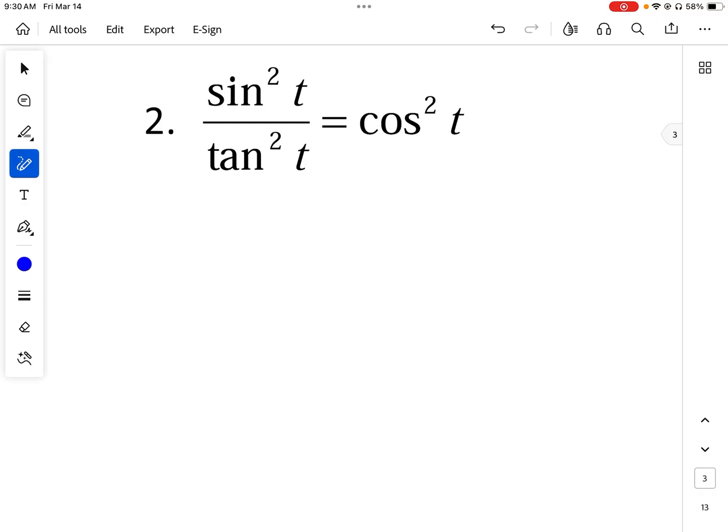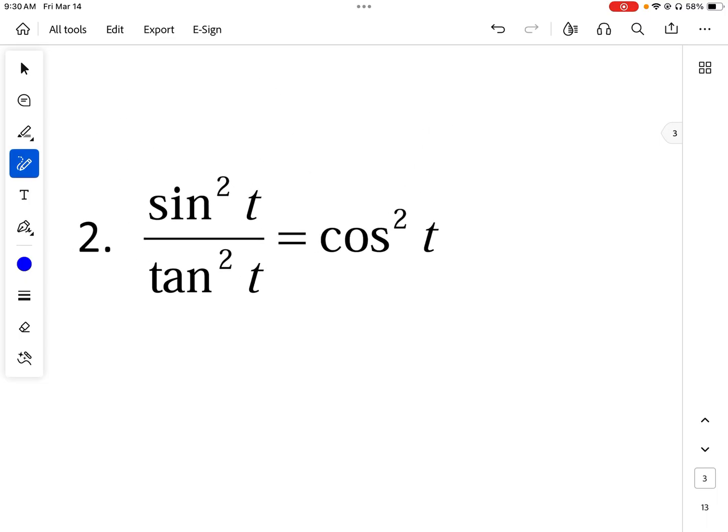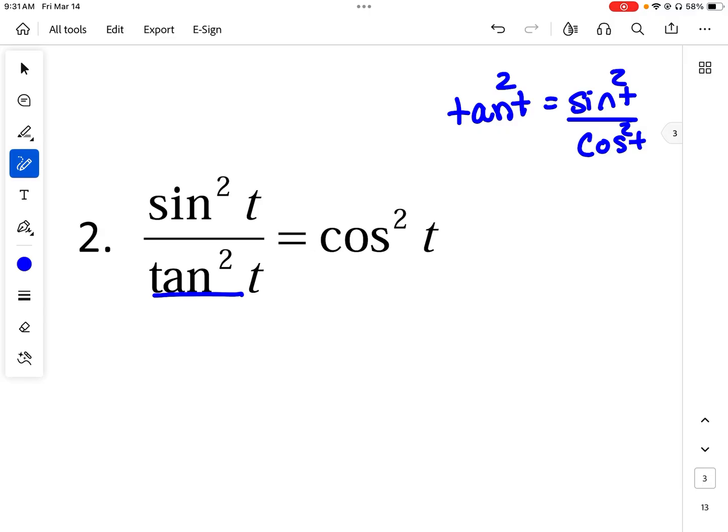Sine squared t tan squared t equals cosine squared t. Okay, we don't have any plus ones or minus ones, so we're not going to use the Pythagorean one. Instead, let's look at this one. This works the same if you put squares on them. So that means I'm going to replace this with that.